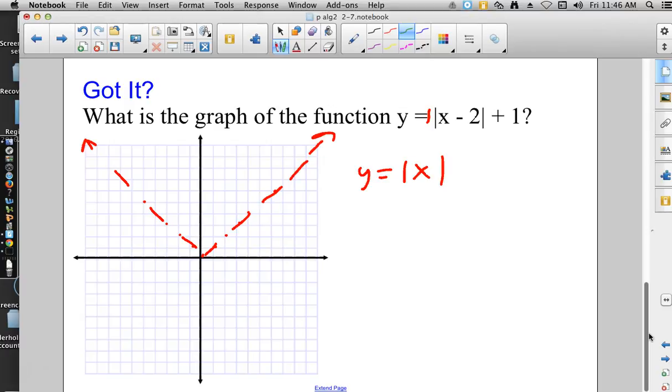So now we go back up there. And we think, if it looks like this inside these absolute value bars, where am I supposed to go? 2 to the right.